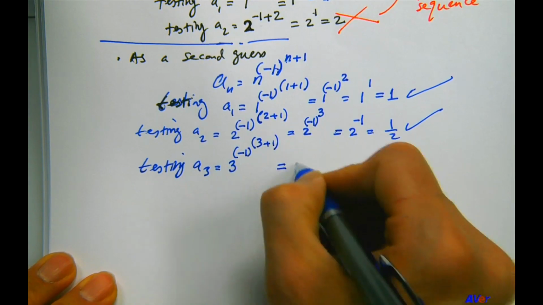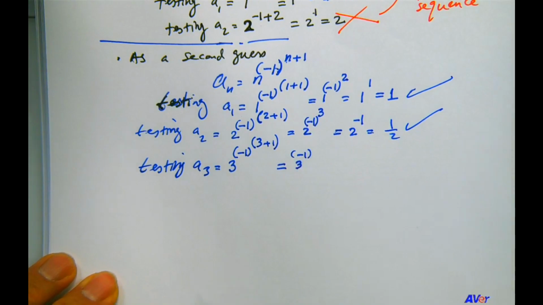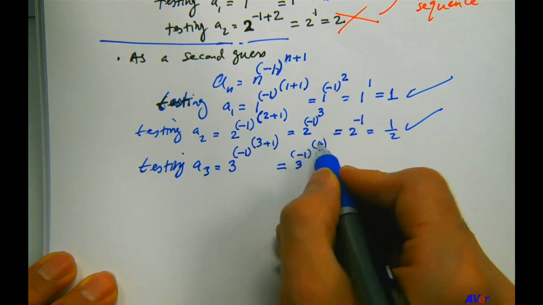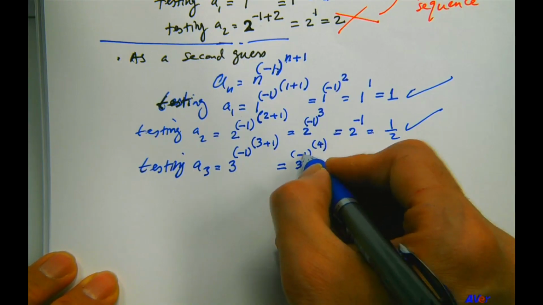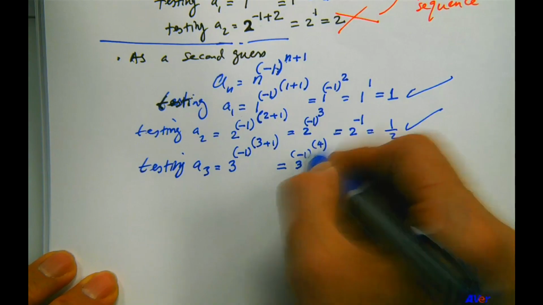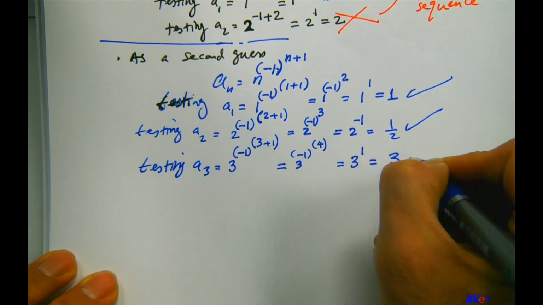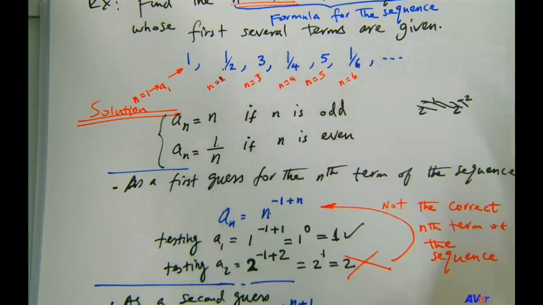So 3 to negative 1, raise that to fourth power. Now negative 1 raised to fourth power is an even numbered power, so negative 1 drops out. It becomes positive 1. So 3 to first power, which is 3. Is this what we have in the third position? Yes. So it works out.